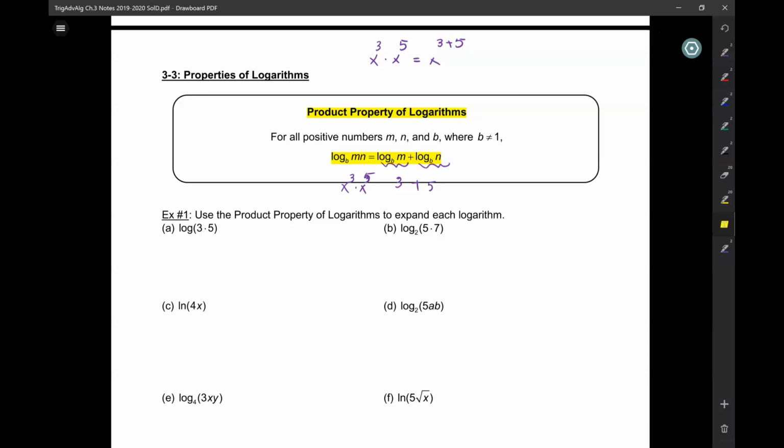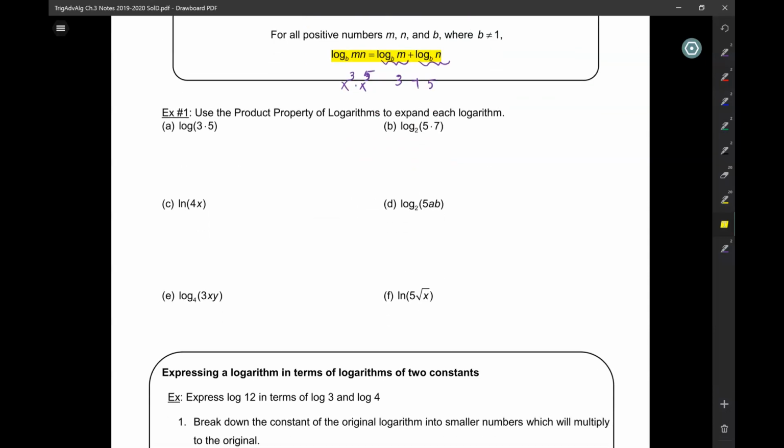All right, so let's take a look at this first one. It says to use the product property of logarithms to expand each logarithm. That's the terminology. It says to expand. So what we're going to do first is we're going to say, how many elements are inside this log? 2. I have a 3 and a 5. Because they're being multiplied, I say log the first one plus log the second one.